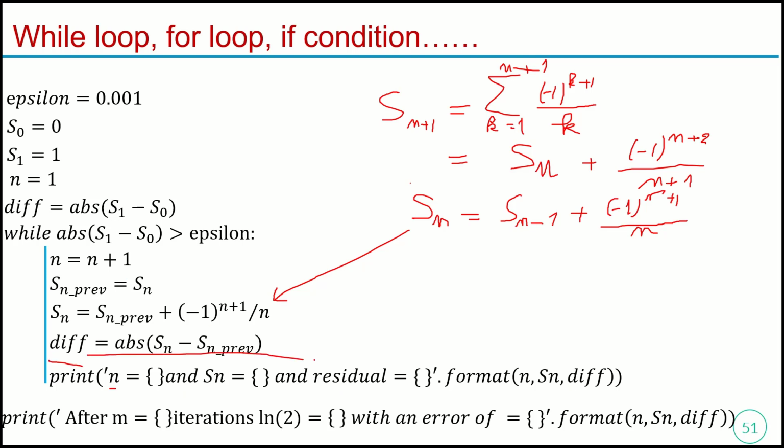Normally this series should converge to the natural logarithm of 2, and this is the difference. We leave this loop when this difference is small enough.